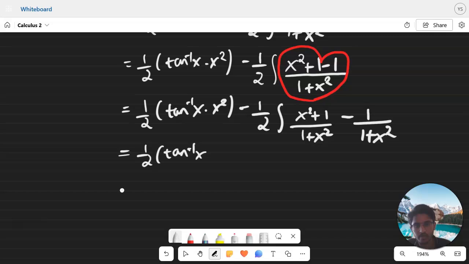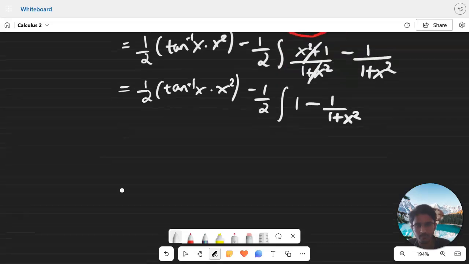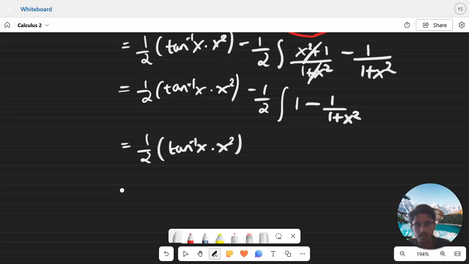This is not something unmathematical. Writing down that x squared, minus half. Now x squared plus 1 over 1 plus x squared are the same thing, so we cross those out and we have 1 minus 1 over 1 plus x squared. Now writing down our problem again, the first part, minus half.